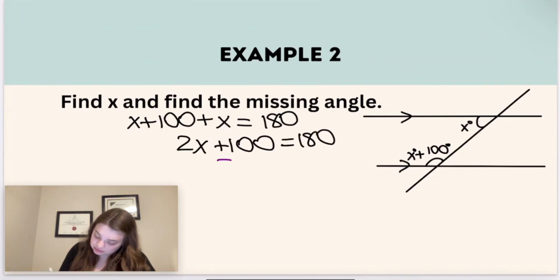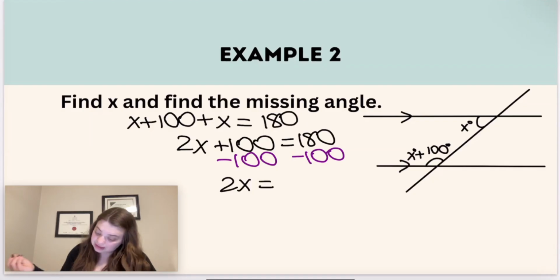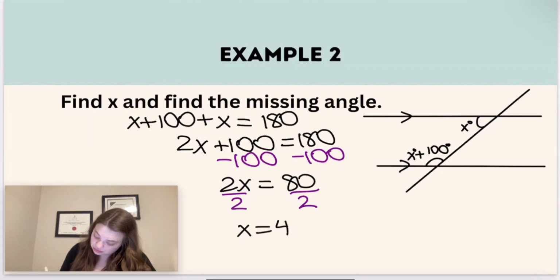Then if I subtract 100 from both sides, I get that 2x is equal to 180 minus 100, which is 80. And then if I divide both sides by 2, I get that x is equal to 40 degrees. And that's my answer. x is 40 degrees. So that's the answer for x.